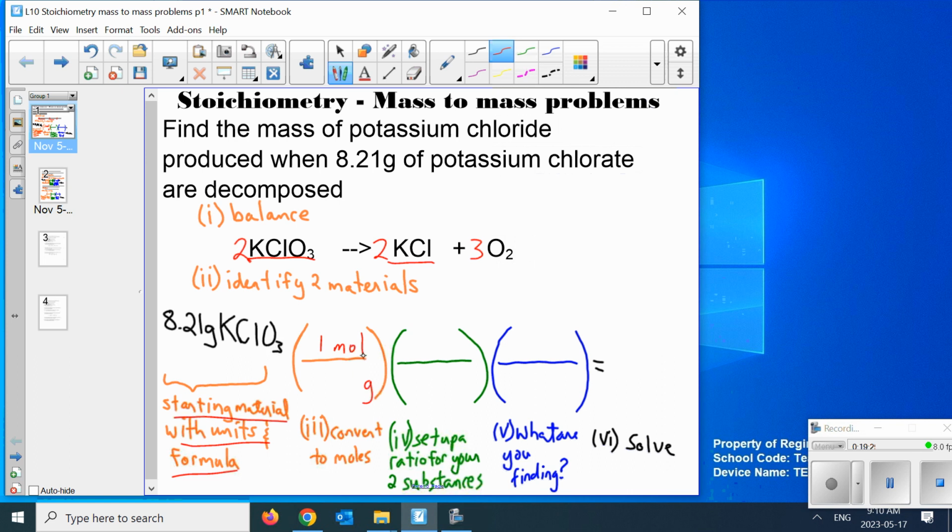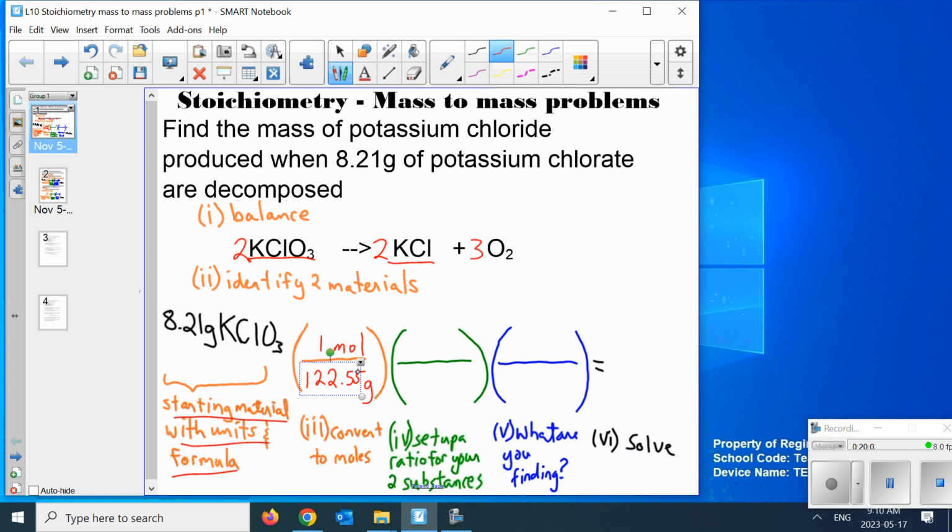So we're going to put in a K. I find it on the periodic table. 39 point something, plus Cl 35.45, plus 3 times 16 for the oxygen. I get 122.55. Okay, that's from the periodic table.